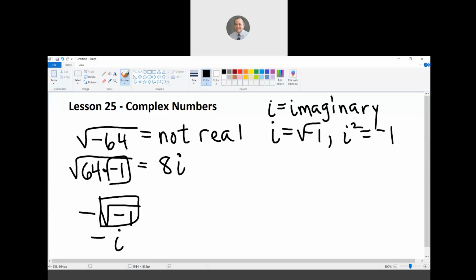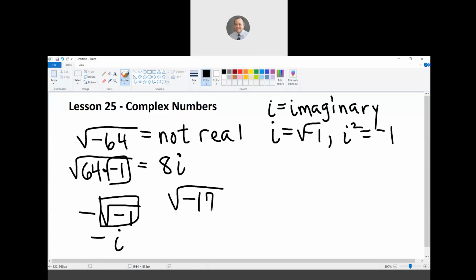Going back to evaluating square roots of negative numbers, let's look at this example. We have the square root of negative 17. And we need to write this number as a product of a real number and imaginary.